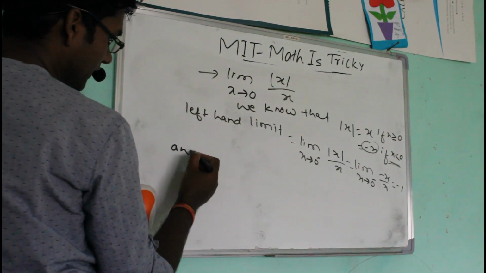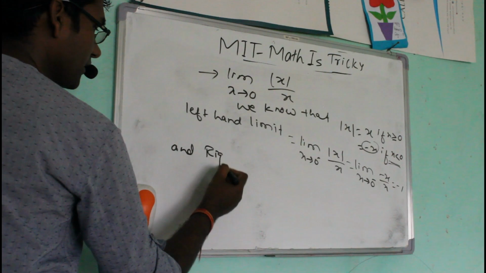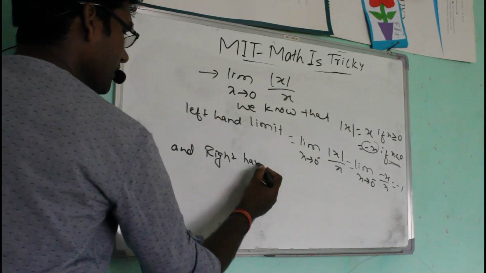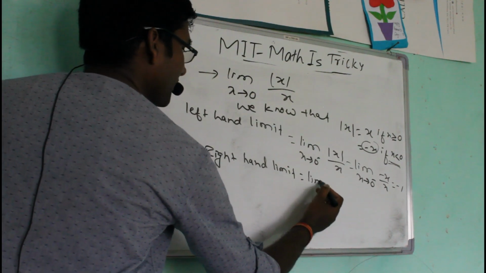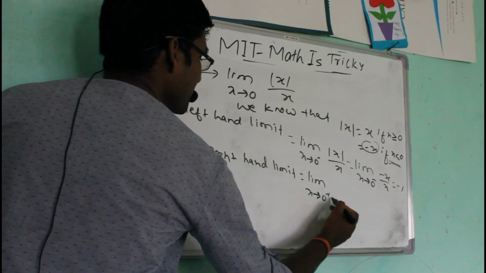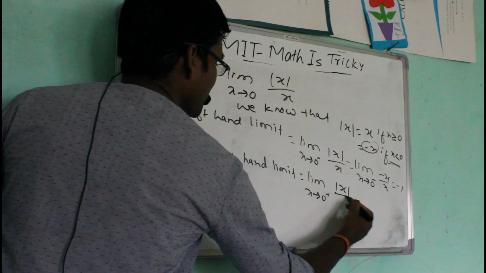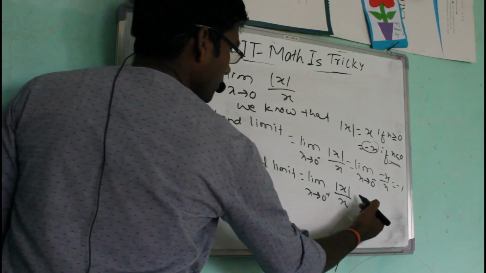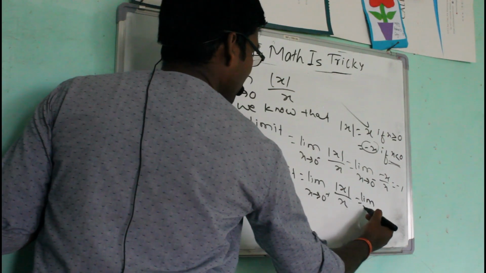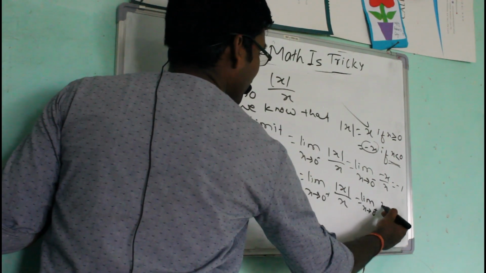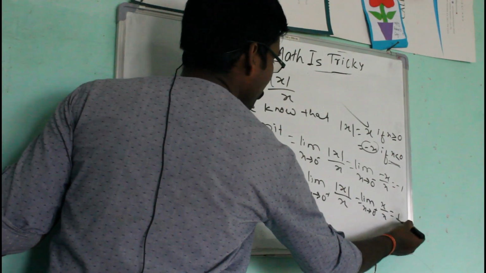Second one, the right hand limit equals limit x tends to 0 plus. We'll choose the function which is defined for greater values of x, so it is simply x, so limit x tends to 0 plus of x by x is 1.